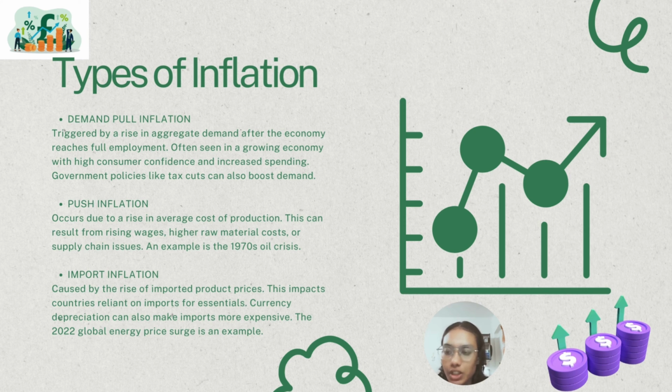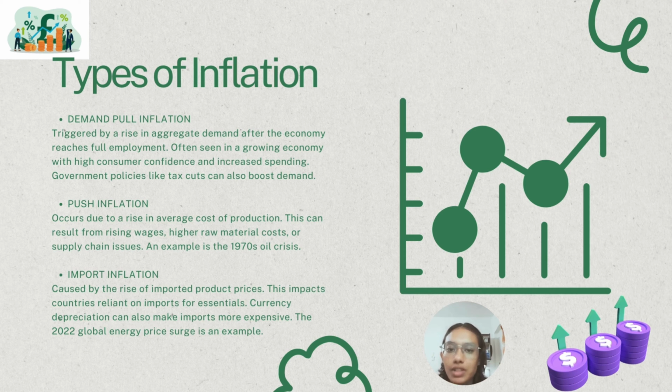This type of inflation often happens in a growing economy where consumer confidence is higher and people are spending more money. For example, during a period of economic expansion, people might have more disposable income and be more willing to make large purchases such as cars and houses.